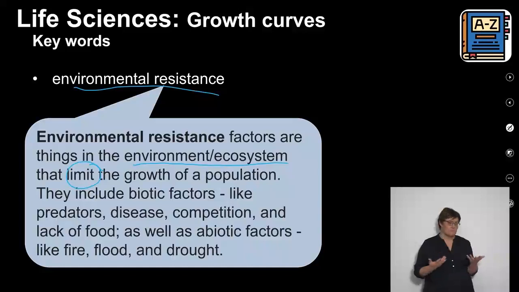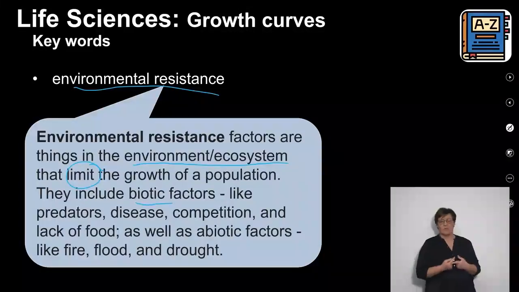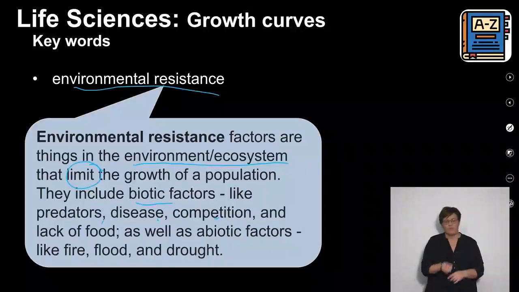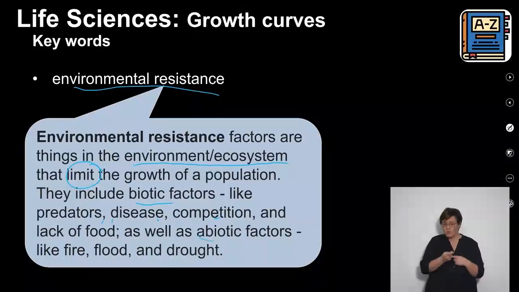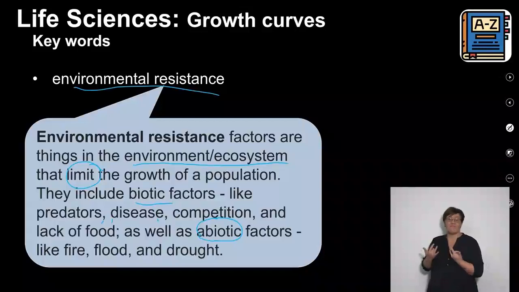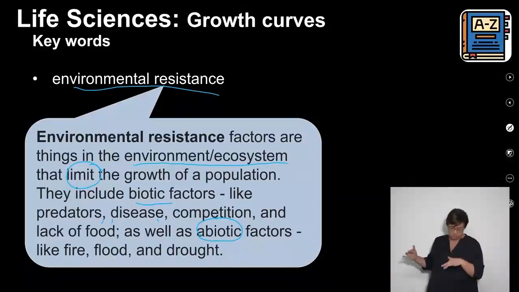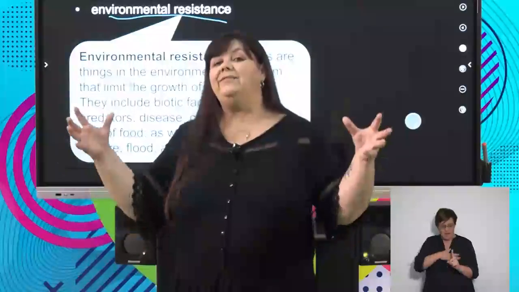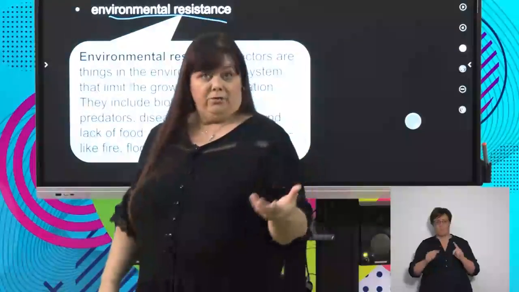There could be biotic factors such as predators, disease, competition, lack of food, but could also be abiotic factors like a fire moving or a flood coming through a particular ecosystem. And then we're going to say this is environmental resistance that is stopping that population from increasing in size.